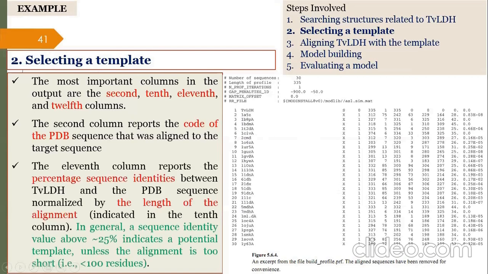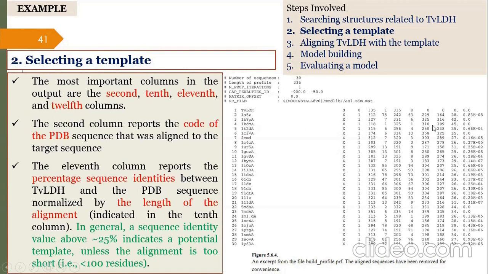The 11th column reports the percent sequence identities. So here are the percent identities. You can see this is 0, this is 28% identical, this is 42% identical, and this is 45.